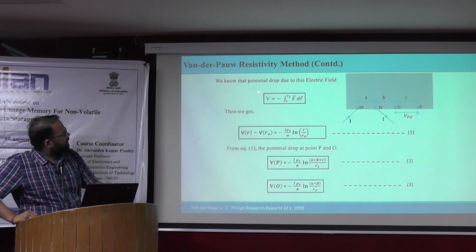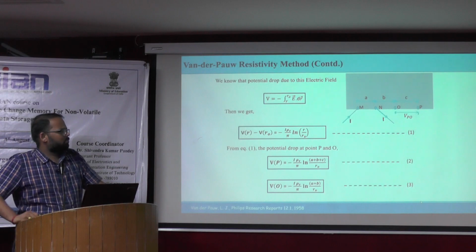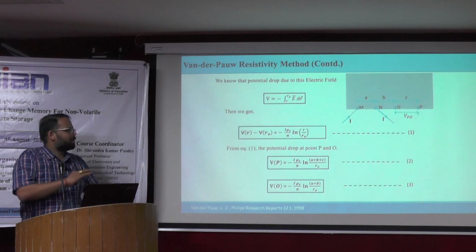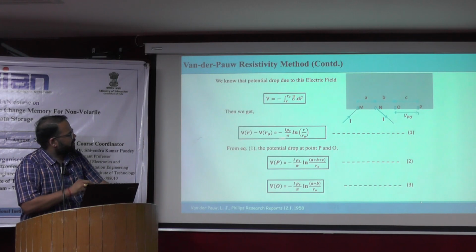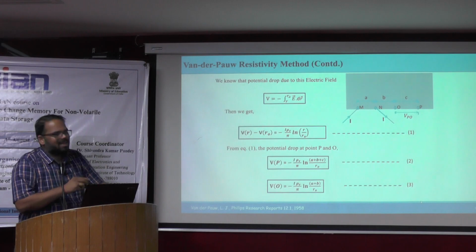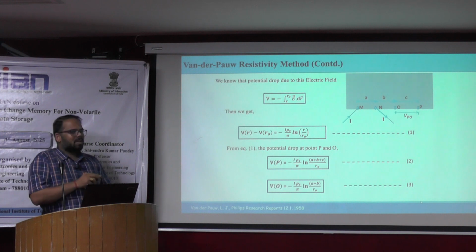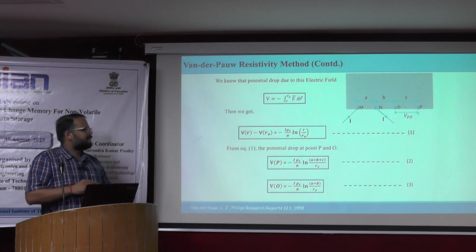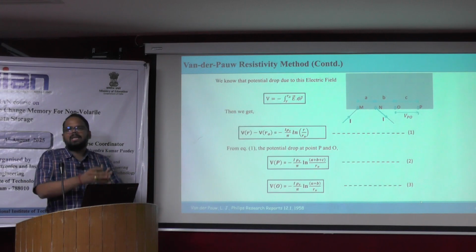Then if we know the potential drop due to this electric field, and you are able to solve this mathematical equation with respect to this radial bias, because it is not simply voltage, you are calculating with respect to field and that radial change.